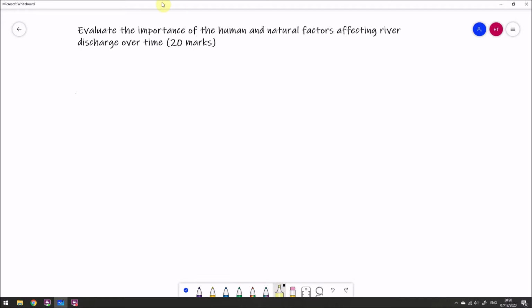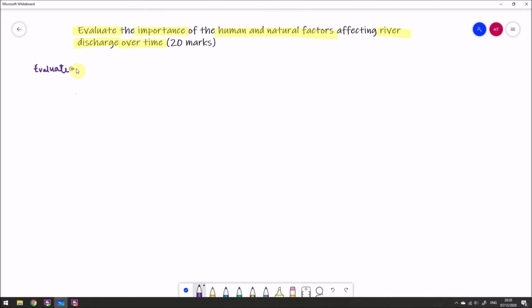So the question says to evaluate, that's the command word here, the importance of the human and natural factors affecting river discharge over time. So there's a few things that we want to be doing within our answer. We want to firstly make sure that we are going to be evaluating.